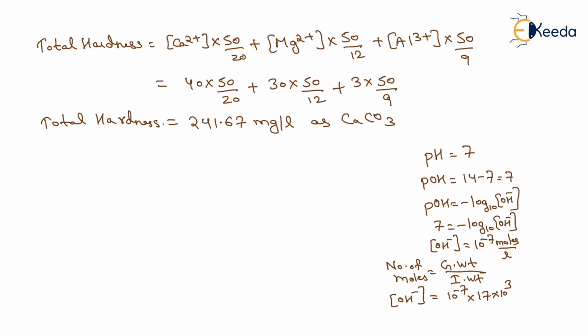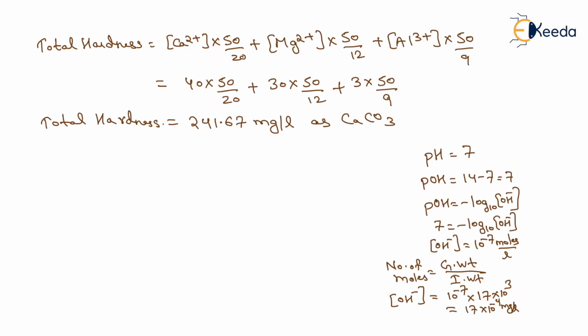So the value comes out as 17 into 10 to the power minus 4 milligram per liter. That is the concentration of OH- in milligram per liter.